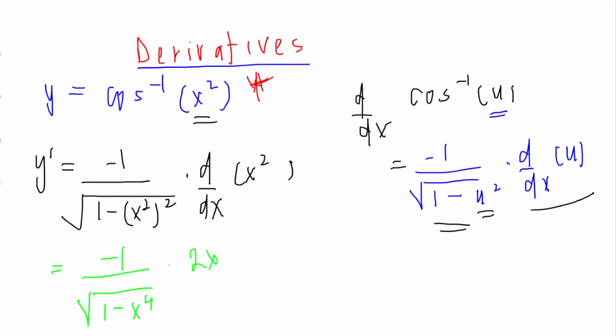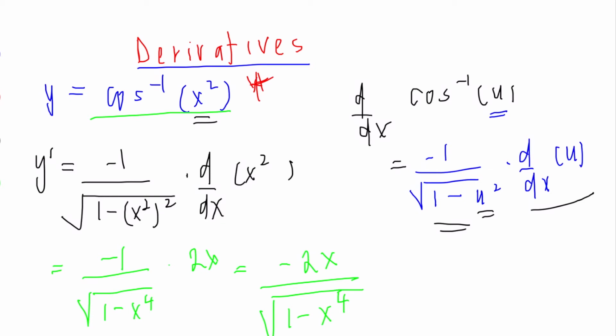That gives us the answer: minus 2x all over the square root of 1 minus x to the power 4. This is now our derivative for cos inverse of x squared.